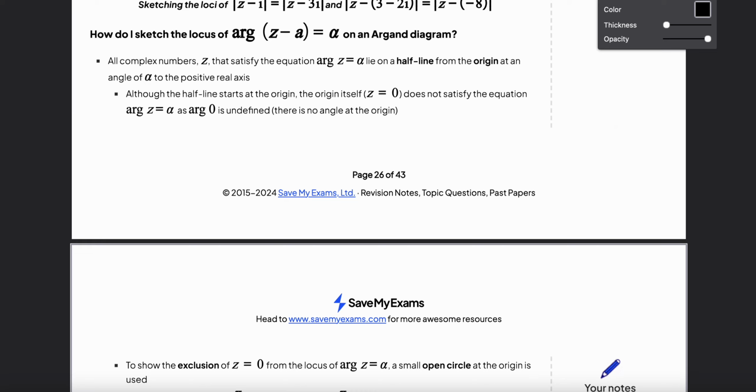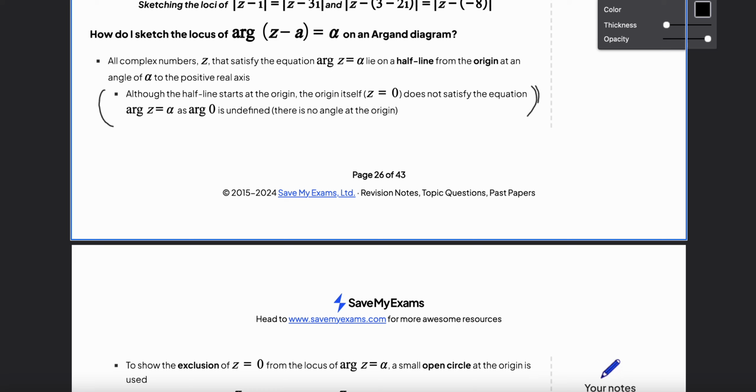What I want us to take note of is this statement here. Although the half line starts at the origin itself, z equals 0 does not satisfy the argument of z equals alpha, because the argument of 0 is undefined. There is no angle at the origin.